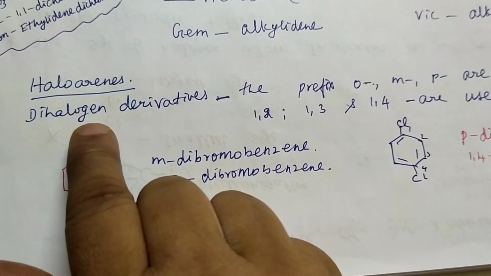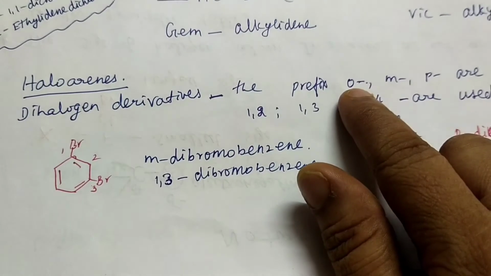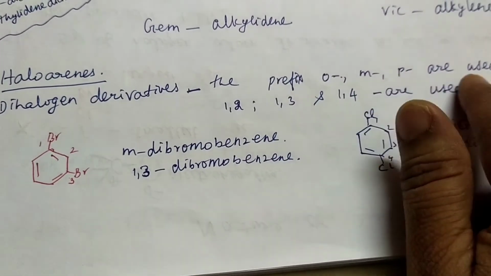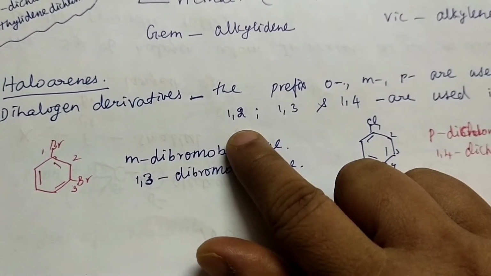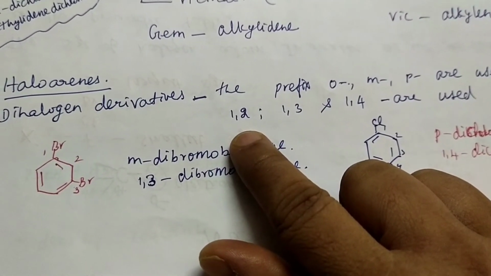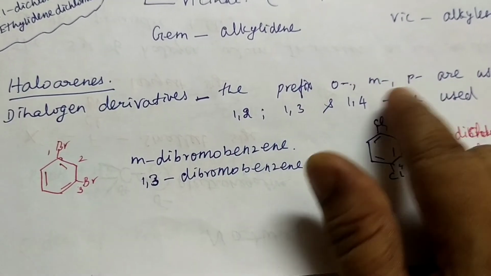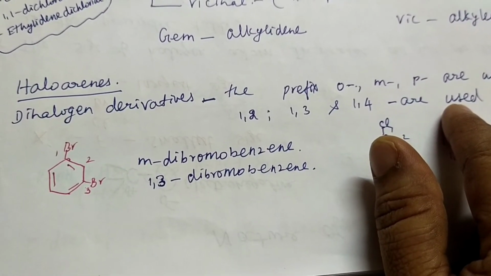Now if a dihalide is present, how to name it? In the common name we give ortho, meta and para. For the IUPAC name we give only numbers: if it is ortho, 1,2; if meta, 1,3; if para, 1,4.